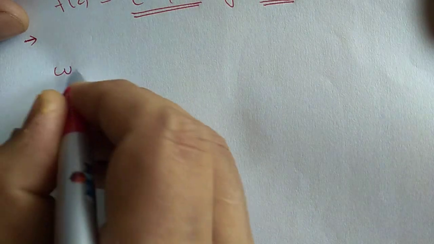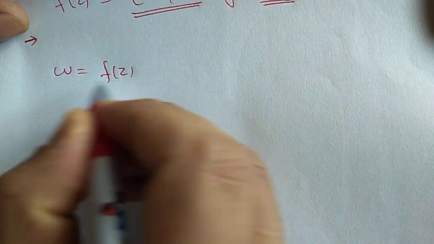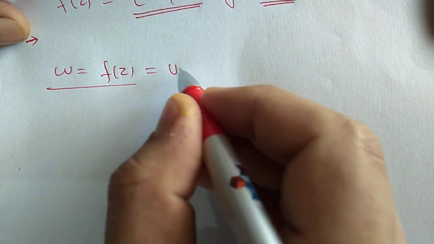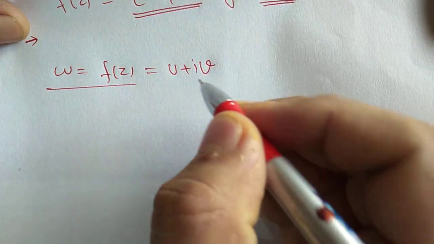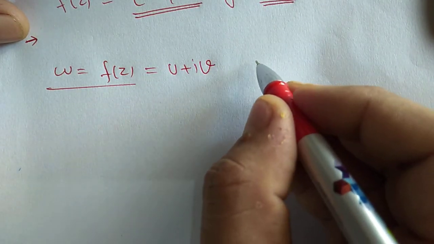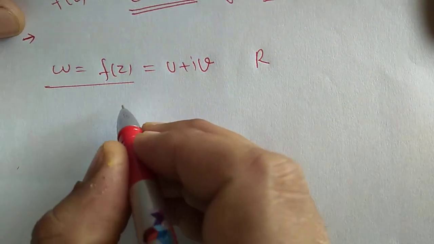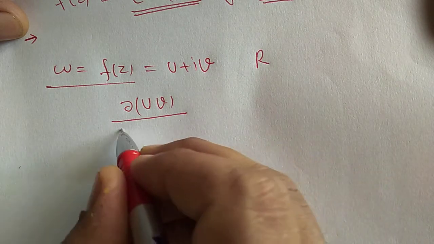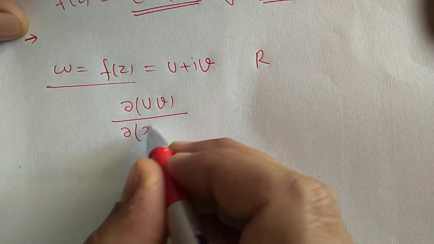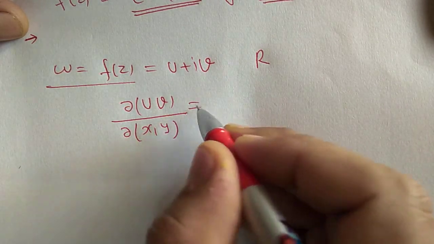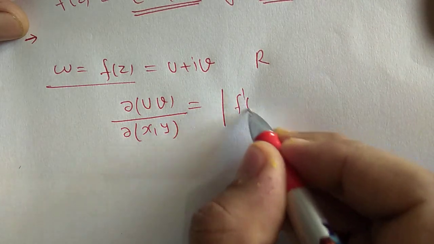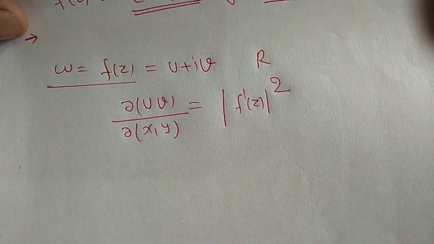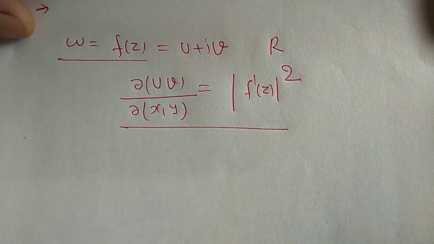Let us have the Jacobian of the transformation. Let w equal to f of z equal to u plus iv be an analytic function in the region D, then the Jacobian of u, v with respect to x, y equals mod f dash z whole square. Let us see how.